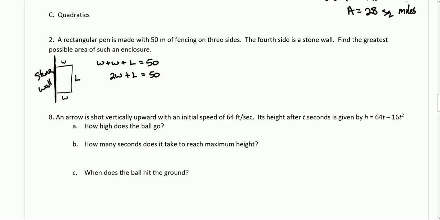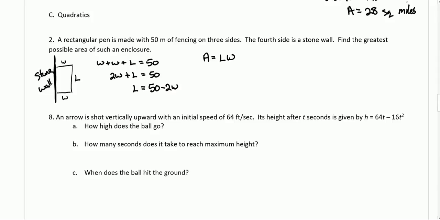We want the greatest possible area. We know the area of a rectangle is length times width. So in our 2W plus L equals 50, we could solve for L and get L as 50 minus 2W.